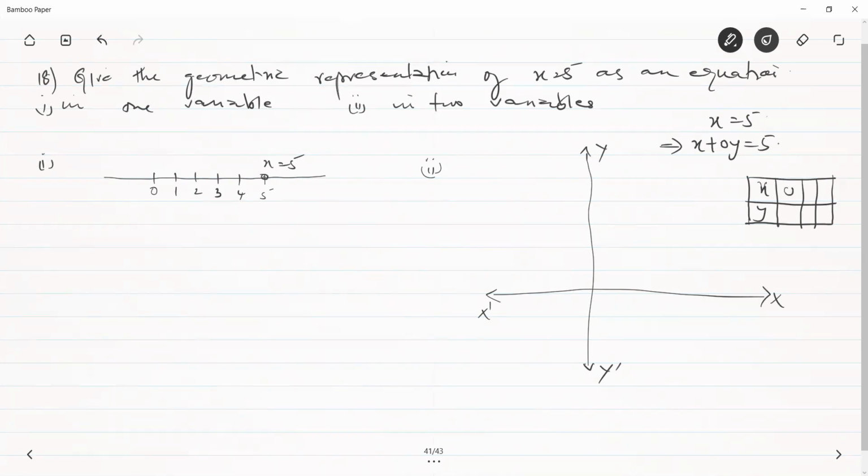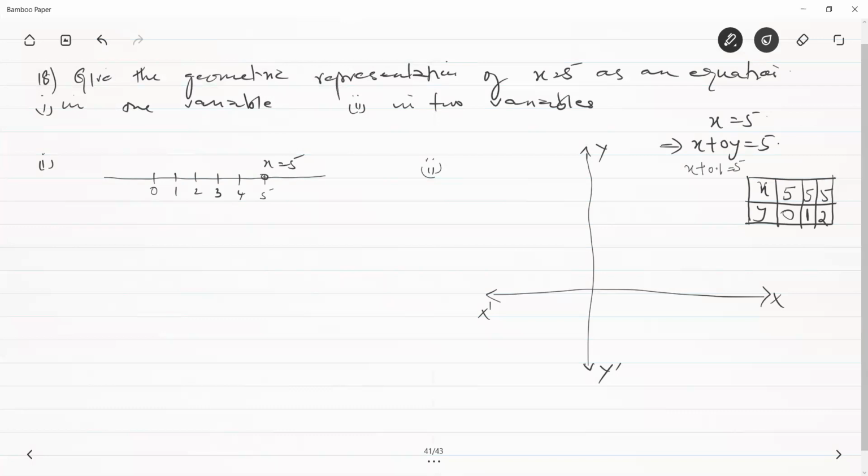If you take y as 0, x will be 5. If you take y as 1, 0 into 1 is equal to 0, so again you will get x as 5. If you take y as 2, you will get 5. For all the values of y, you will get x as 5.